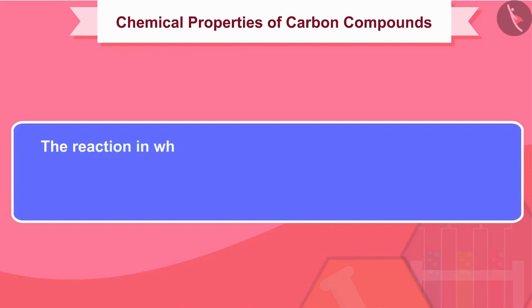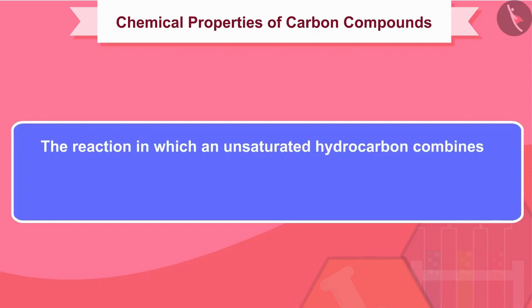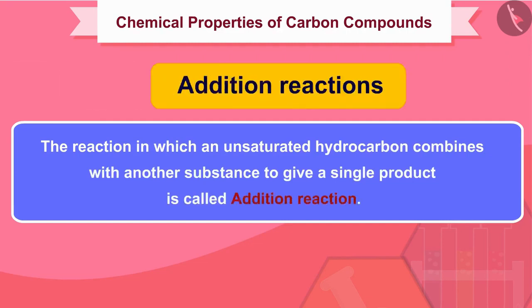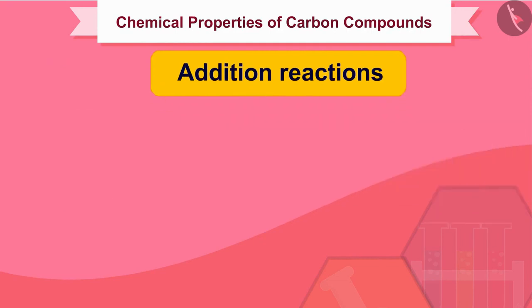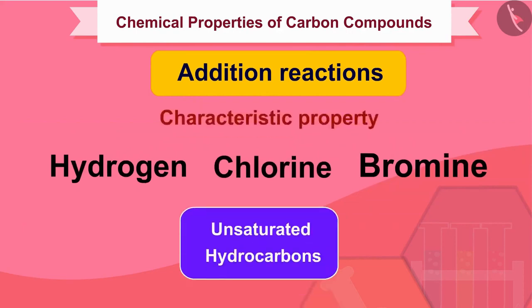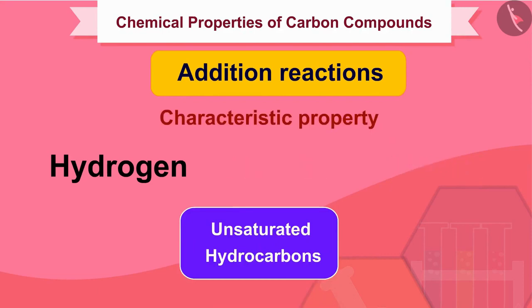The reaction in which an unsaturated hydrocarbon combines with another substance to give a single product is called addition reaction. Addition reactions like addition of hydrogen, chlorine or bromine are a characteristic property of unsaturated hydrocarbons.